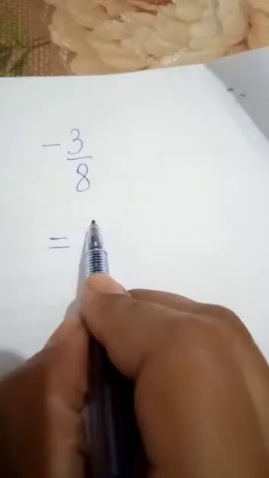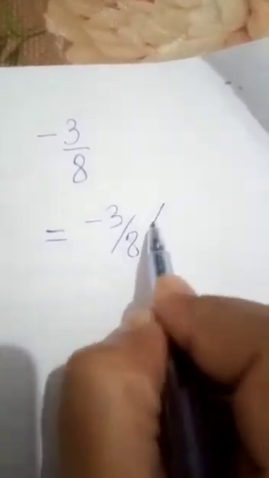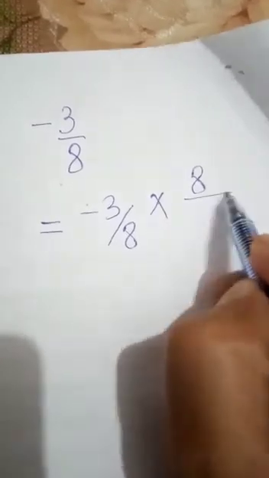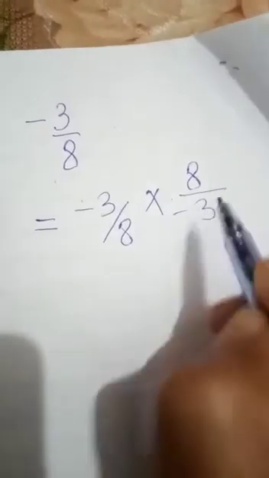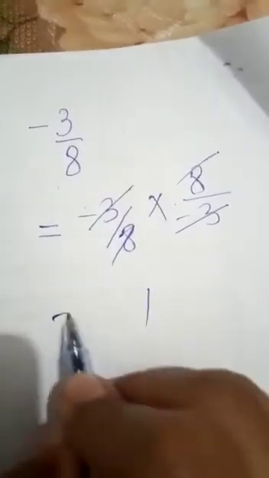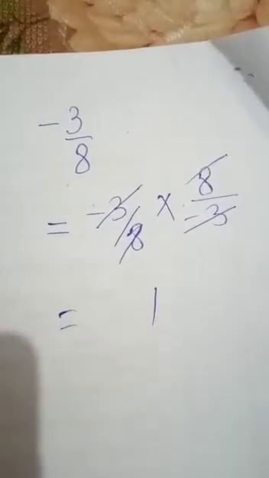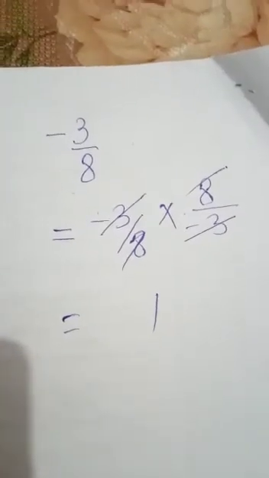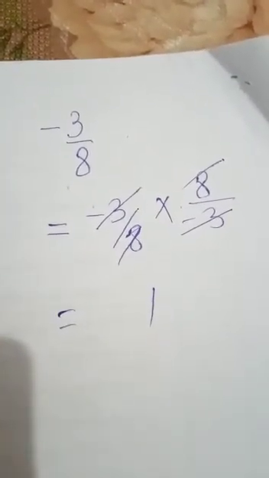For example, minus 3 by 8 multiplied by its reciprocal, which is 8 by minus 3. Let's see, it gave us 1. The product of a rational number and its reciprocal is equal to 1. This is the multiplicative inverse.